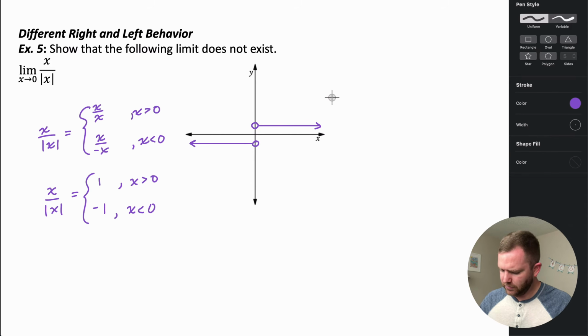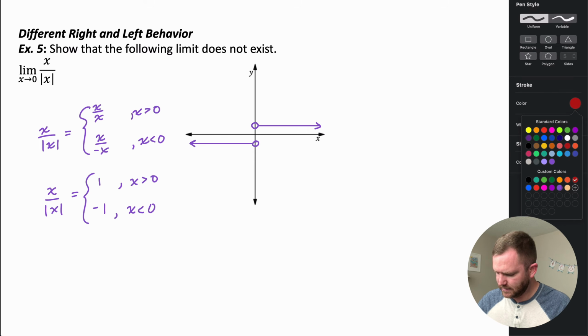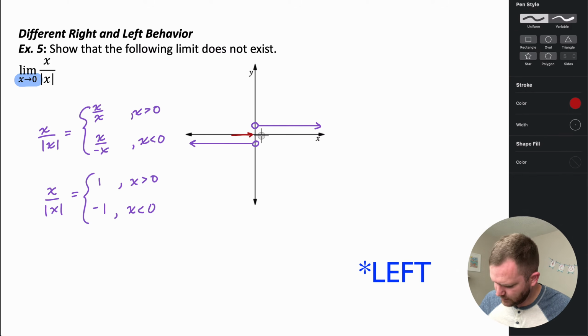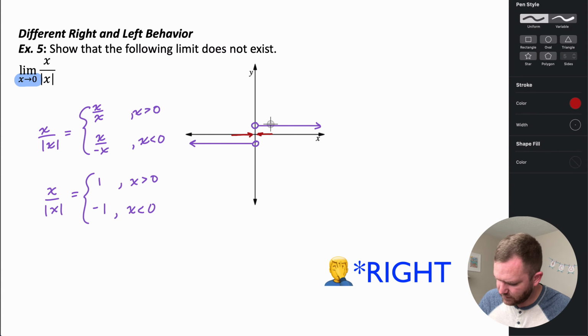Now, this limit does not exist because as I'm approaching 0, again, remember, we're trying to approach 0 here. As I'm approaching 0 from the right, this value is always negative 1, right? So the value of my graph here is negative 1. As I approach 0 from the left, the value of my graph is positive 1.